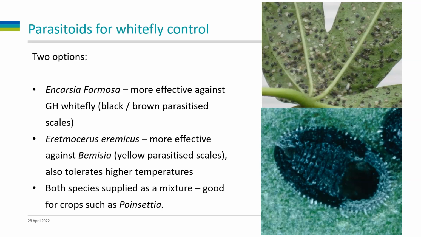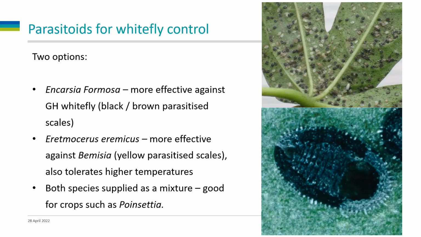Some growers have reported some success with Chrysoperla, and that's of interest. Perhaps now the cost seems to be coming down a little bit, but if you get a high influx, you are likely to need to revert to a systemic insecticide for control of cabbage or brassica whitefly in poinsettias.